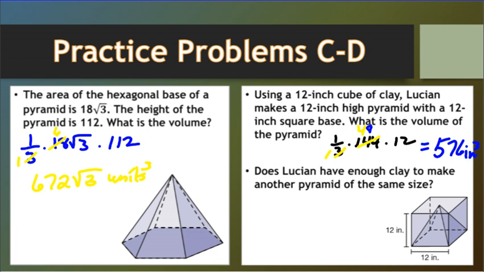Does Lucian have enough clay to make another pyramid of the same size? So if we were to find the volume of the whole cube, that would be 12 times 12 times 12, which would be 1,728 cubic inches. He used 576 for one of them.